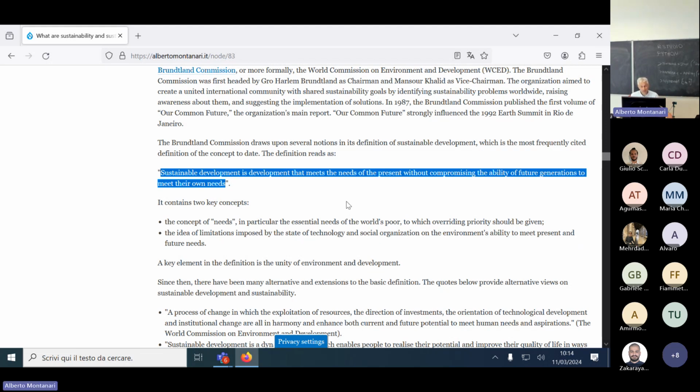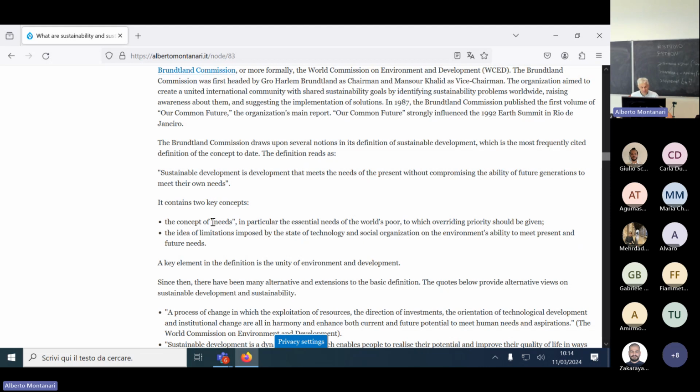And the two key concepts here are the needs, and in particular the essential needs of the world's poor, and the idea of limitations.